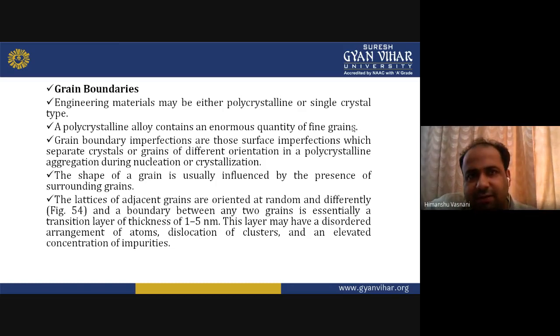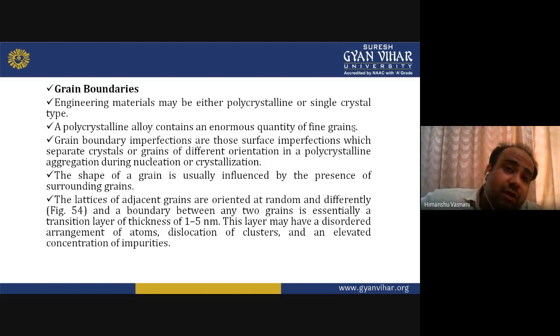Exterior grains have some possibility of movement because they have fewer neighbors or no neighbor, but the internal grains will have surrounding grains and their movement is not disturbed, so the shape also depends upon the surrounding grains.